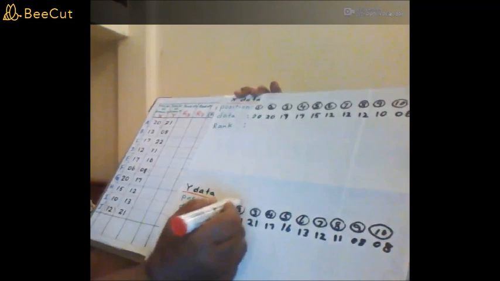Leave it. 21, 21, two values are there. Put a dash like this. 17, one value. 16, 1. 13, 1. 12, 1. 11, 1. 8, 8. So, like this.